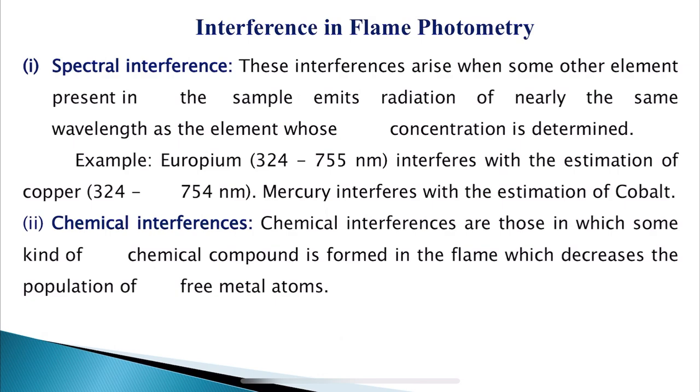What is meant by spectral and chemical interferences, we will discuss in detail in our next class, and along with that we will see the analytical applications, where we are going to discuss the estimation of sodium and potassium. Then you will be much clearer regarding the flame photometric experiment.